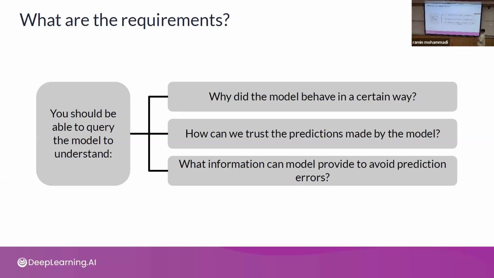You need to be able to answer why the model behaves in certain ways, and whether I can trust the result that the model gives me. Otherwise, how do you trust it actually? And what information can you get from the model? What can the model also provide you?